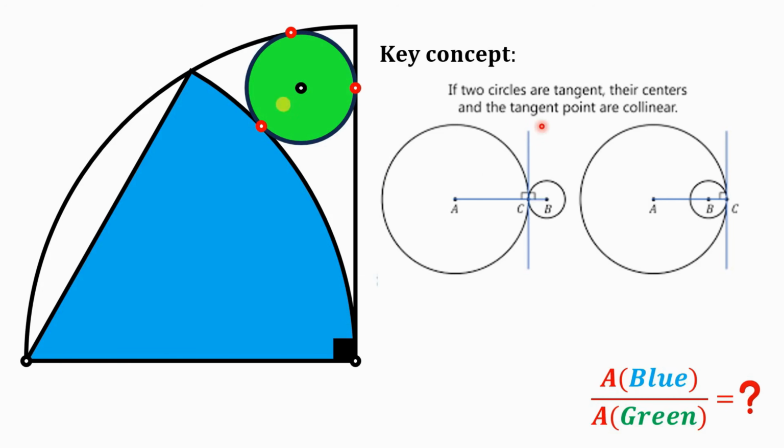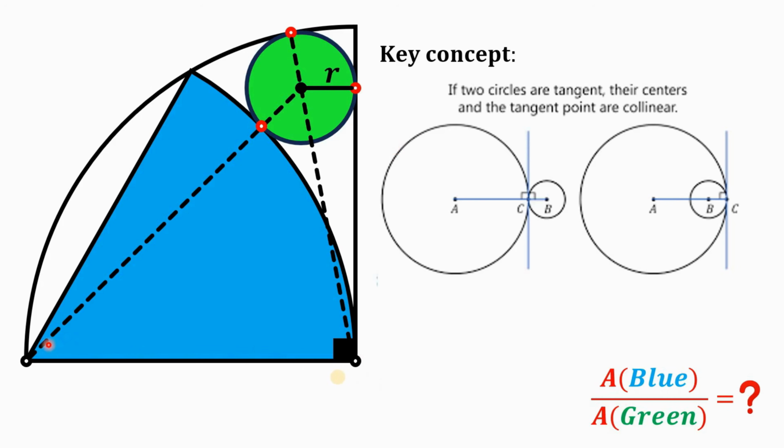Now, using this concept, we can connect these two centers, and we know they create a straight line. Also, we can connect this point of tangency, this center, and the other center, like this. And now, at this point, let's call the radius of this circle as r.